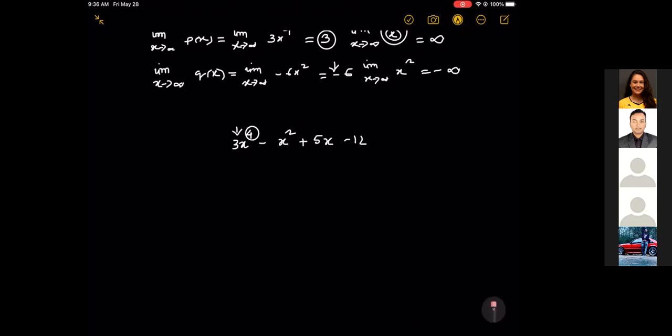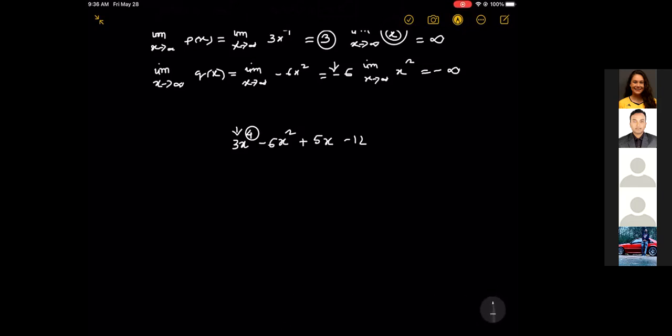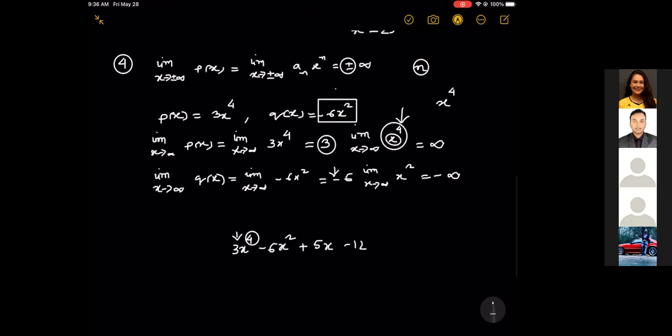We still have other coefficients, that is -6 plus 5, but we only care about the leading coefficient. On this occasion, we are only considering one term, so the leading coefficient is -6, and its sign is negative, so it will take us to negative infinity. Do you agree?